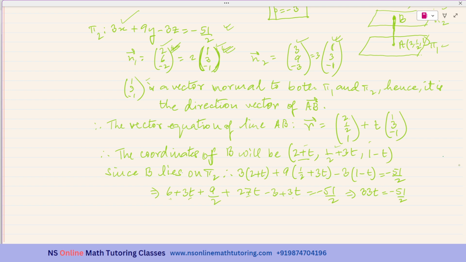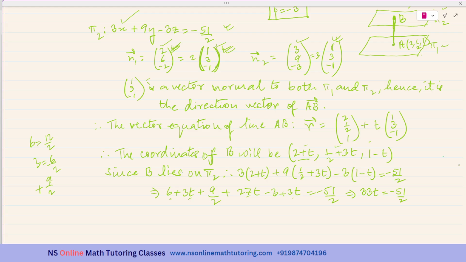Okay, if you are confused, let me show you. I'm just converting this 6 to 12/2. So 3 is 6/2 and 9/2. So it is 12/2 minus 6/2 plus 9/2. 12 minus 6 is 6. 6 plus 9 is 15. 15/2, which is 7.5.